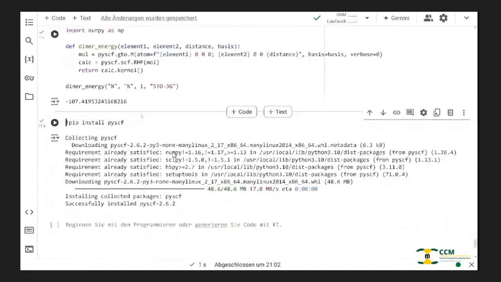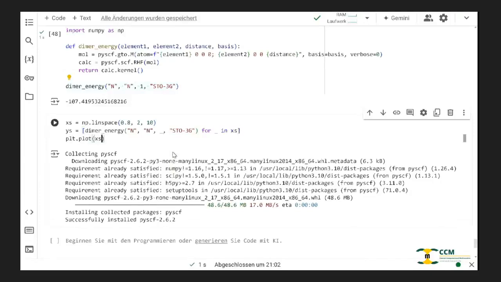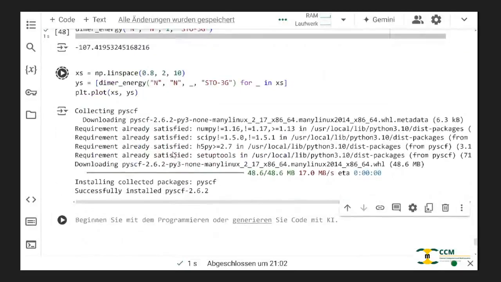So that gives me one energy, and now I can do something like access to be from 0.8 to 2, let's say 10 things, dimer energy for different values, and I can explain what the code is doing while this is running.